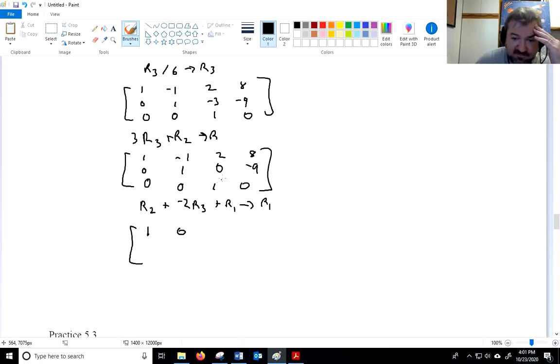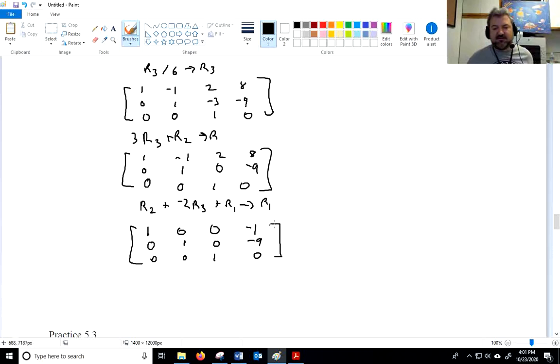Multiply that by negative 2 plus 0 plus 2 is 0. And then 0 plus row 2 is itself, so negative 9 plus 8 is a negative 1. All right, and then the others stay the same. 0, 1, 0, negative 9, 0, 0, 1, 0.